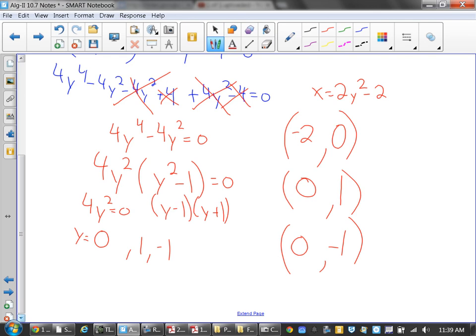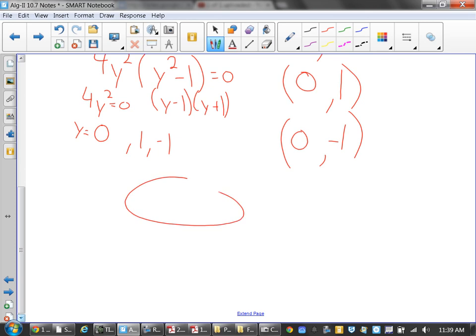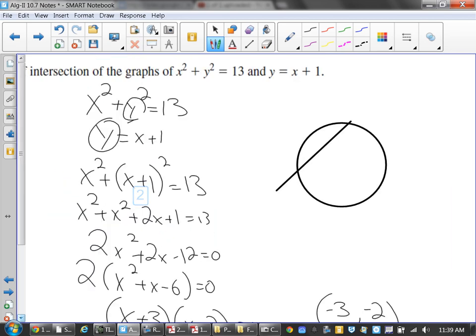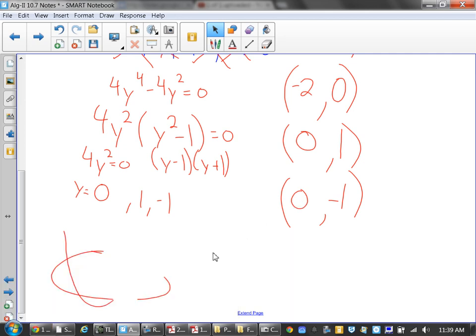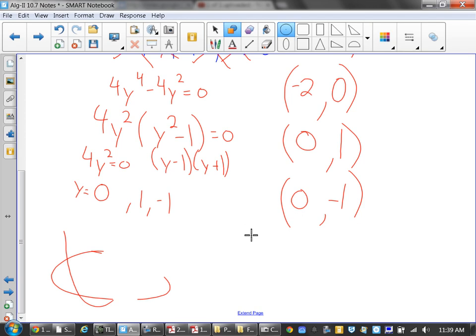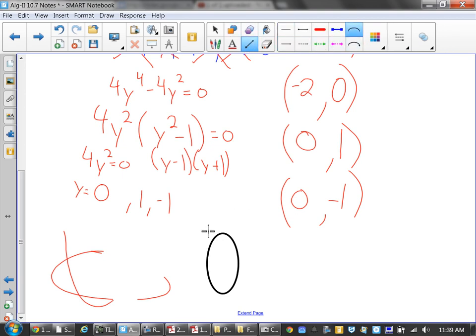Basically, if you really wanted to know what this looked like, this is an ellipse and a parabola. And it's touching at 3 spots. So if you have an ellipse and a parabola, you can do it easier this way.